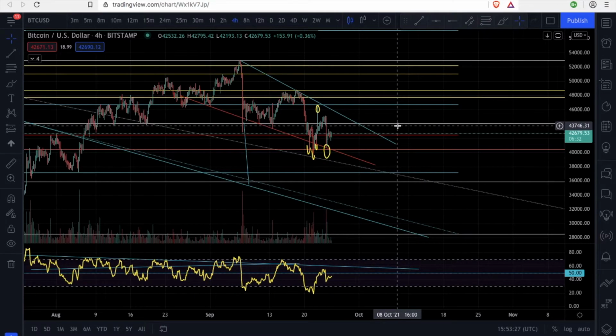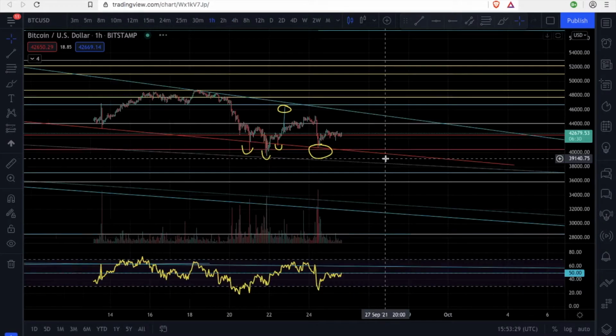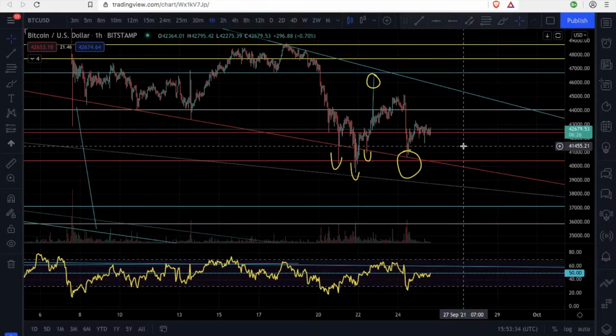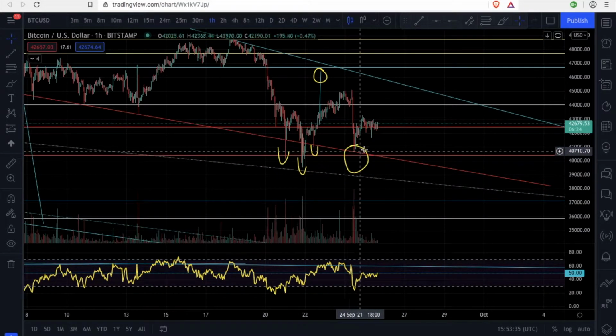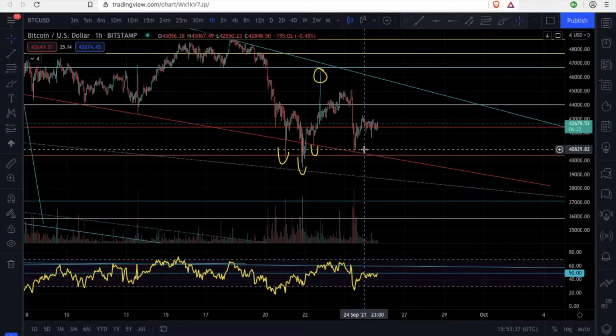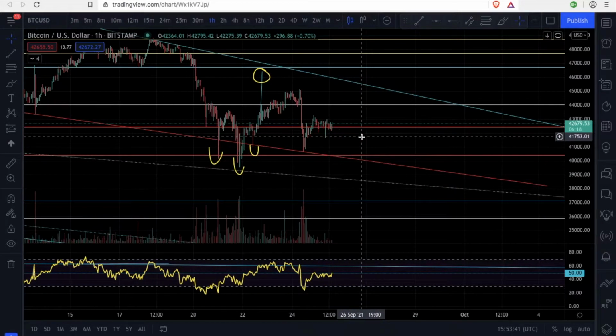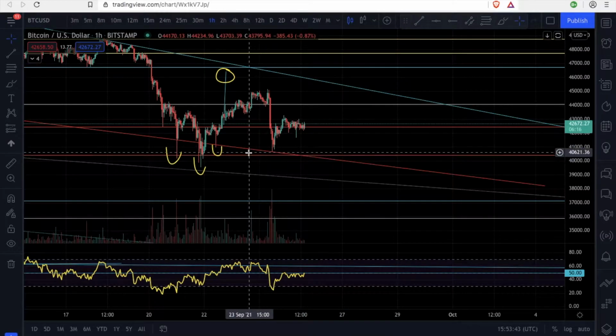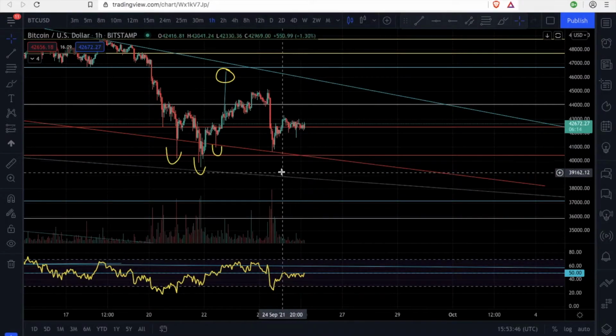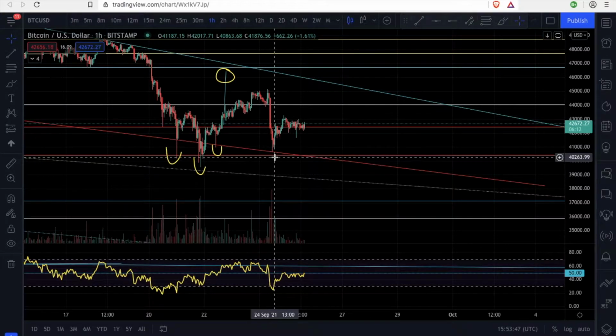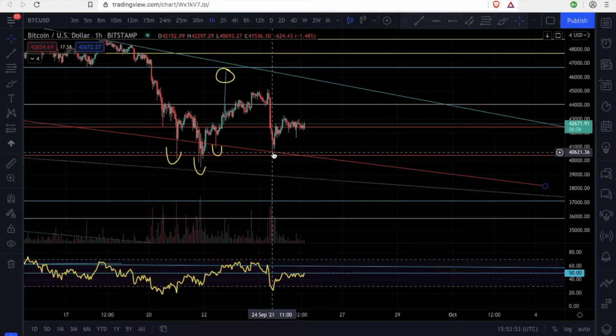Going again into the 1 hour time frame, you can see the Bitcoin price held strong support. Exactly, look at that. It's awesome, because I already drew that line a couple of days ago, and that wick didn't pass, not even by an inch, exactly to the support line.